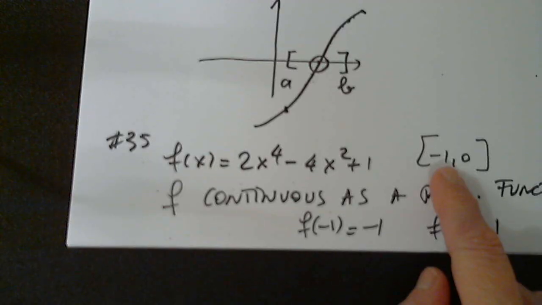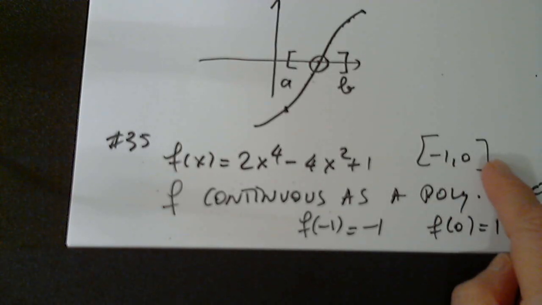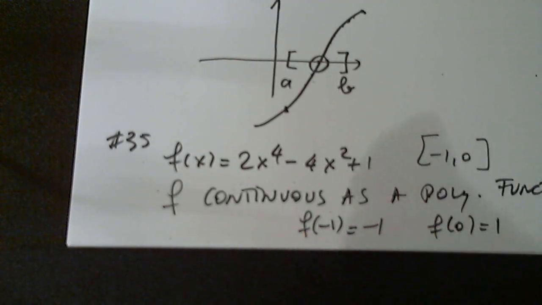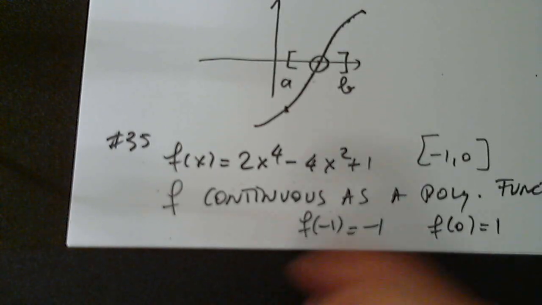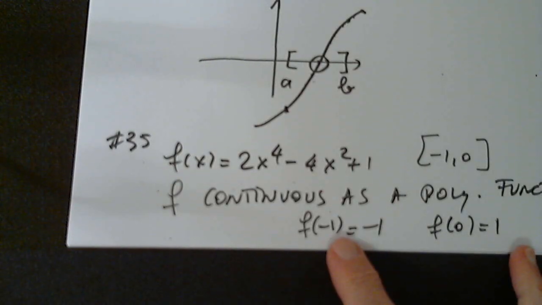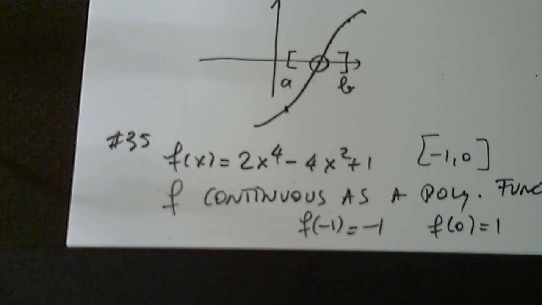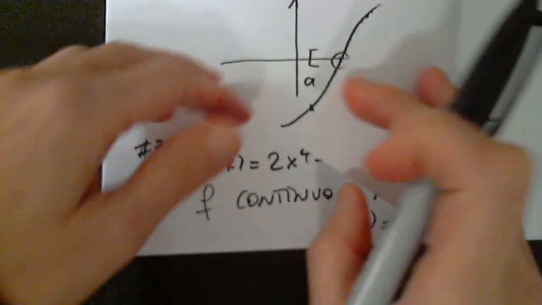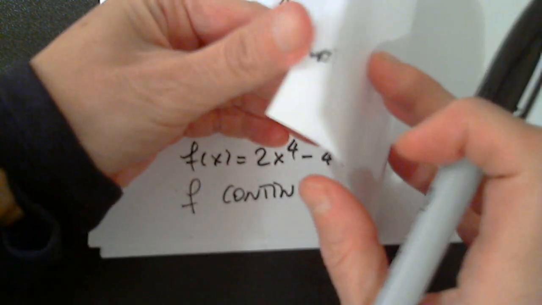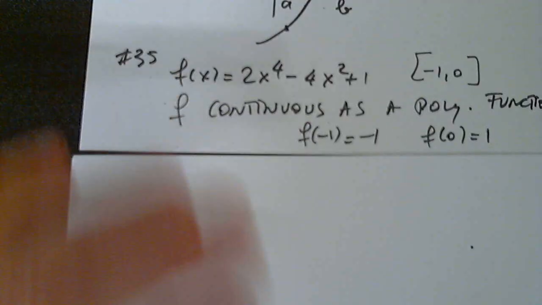It's negative at -1 and it's positive at 0. It has to cross the x-axis. That's all. And the answer is, yes, it does, by IVT, by intermediate value theorem.